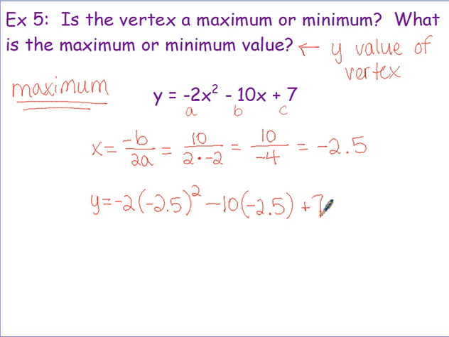Pick up your calculators, hit -2, parentheses, -2.5, close parentheses, hit the squared button, minus 10, open parentheses, -2.5, close parentheses, plus 7, and your calculator should tell you that y is 19.5, and that number right there is your maximum value.